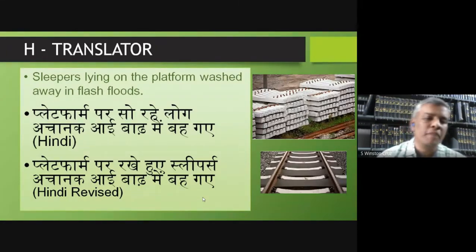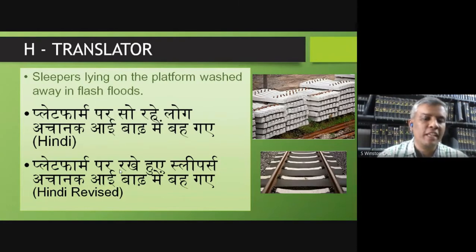And this translation also was revised. Then it says "platform par rakhe hue sleepers achanak aayi baad mein beh gaye." There is a major change. The first translation says the sleepers who were sleeping on the platform were washed away by the flash flood.